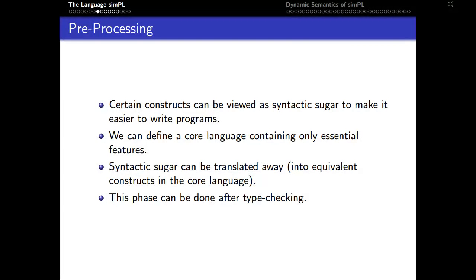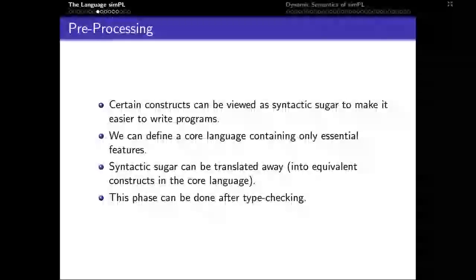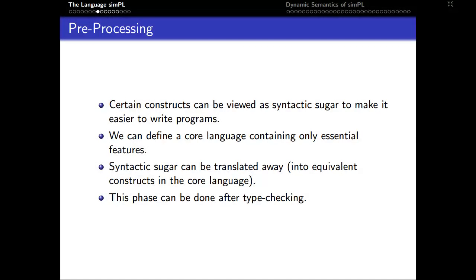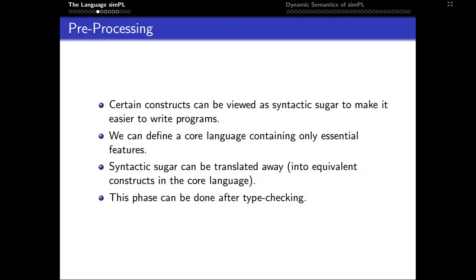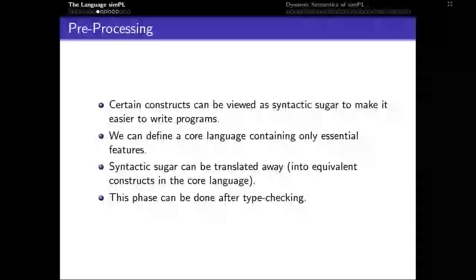Then in processing that language, the first phase is pre-processing, where all syntactic sugar constructs or definitions are translated into their core counterpart, and then the compiler works on the core language.